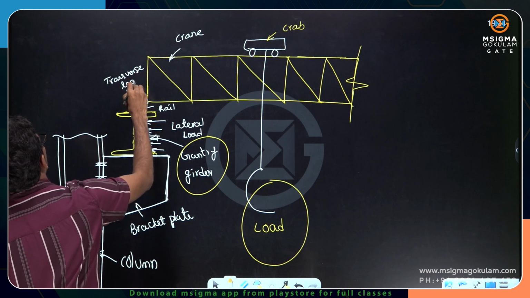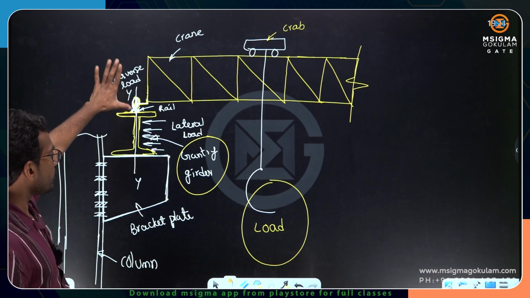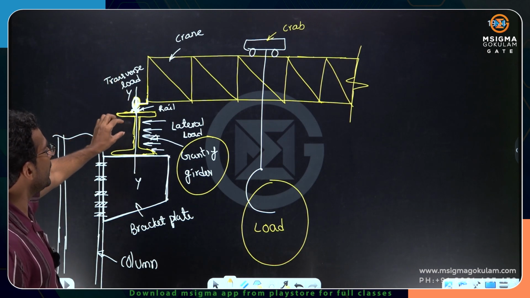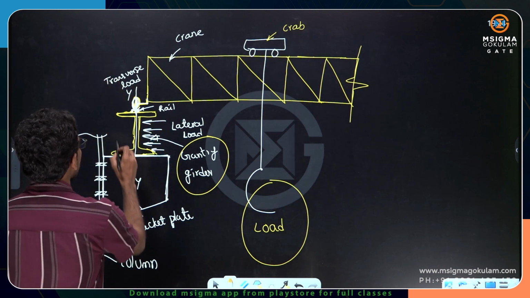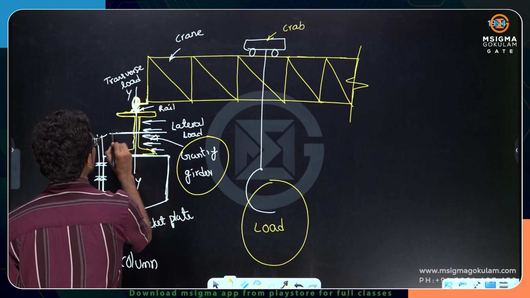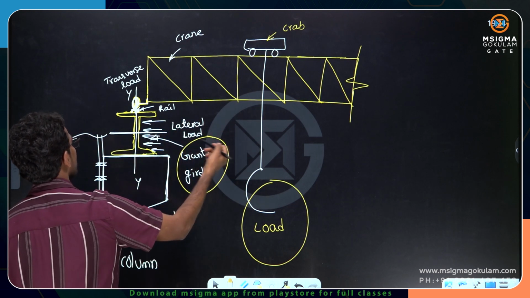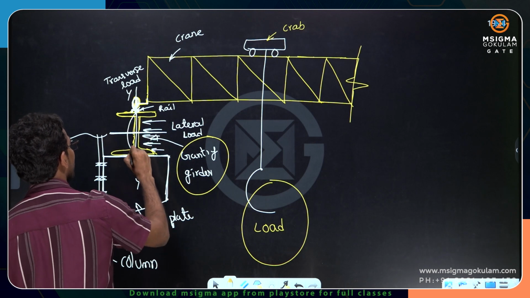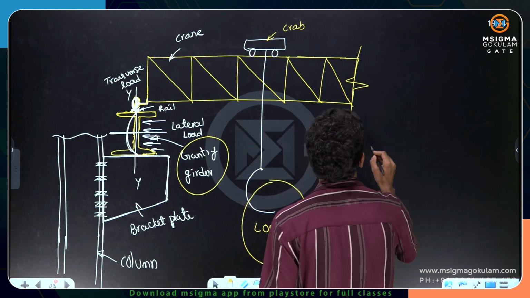Okay. Transverse load is causing bending about the z axis. I already told you, any load which is acting downward is going to cause bending moment about the z axis. Any load which is parallel to the z axis is going to cause bending moment about the y-y axis. If you want, I'll explain again. Just understand this.